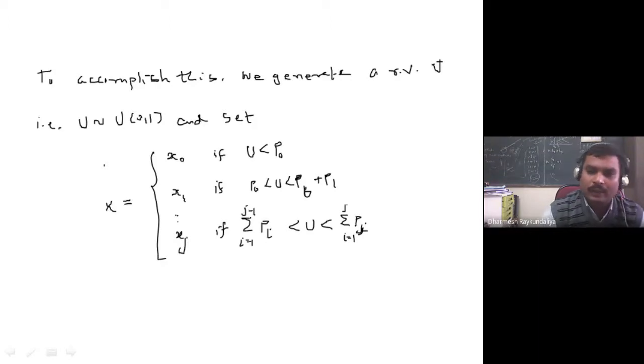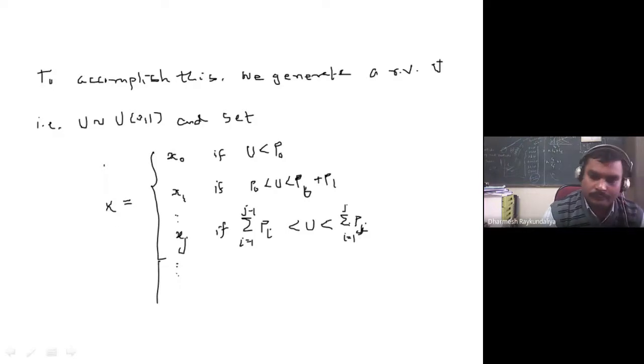So if you take j equal to 1, then the lower sum becomes 0, so this quantity is p0, u less than p0 plus p1. And likewise you have to set the value of x.